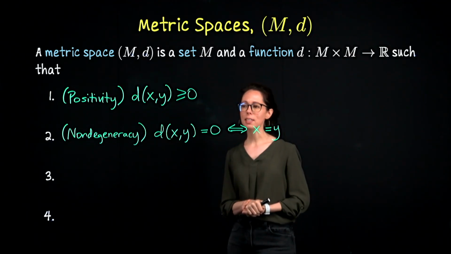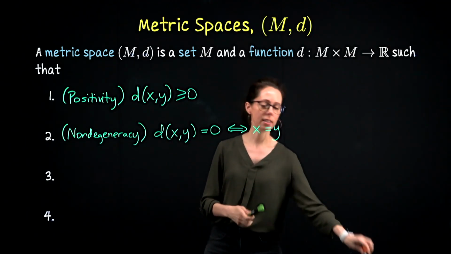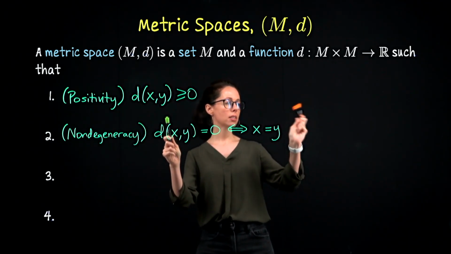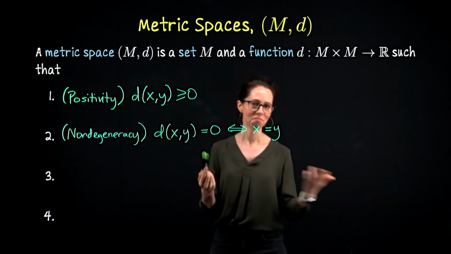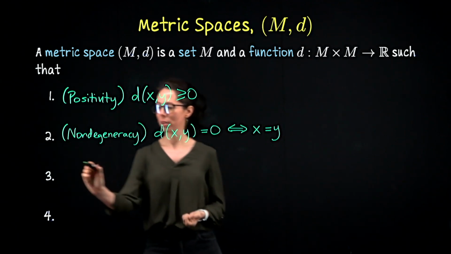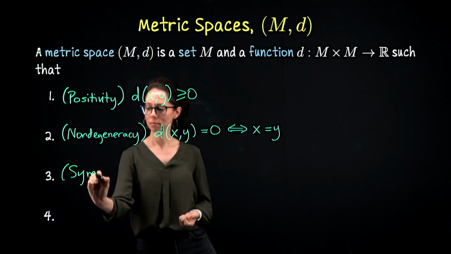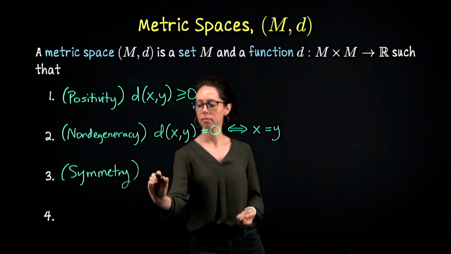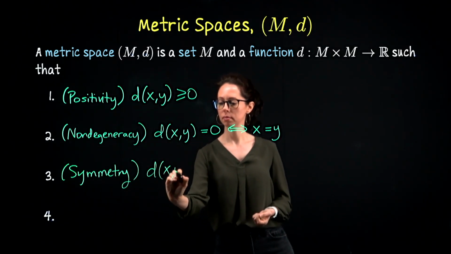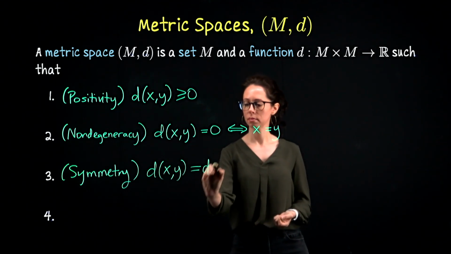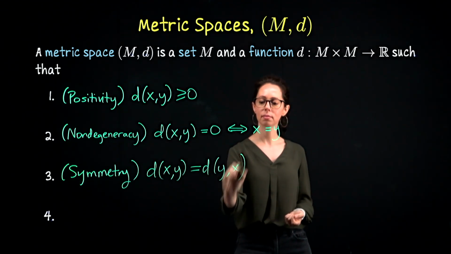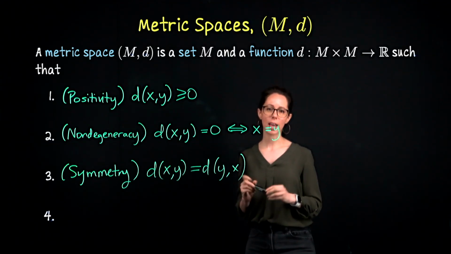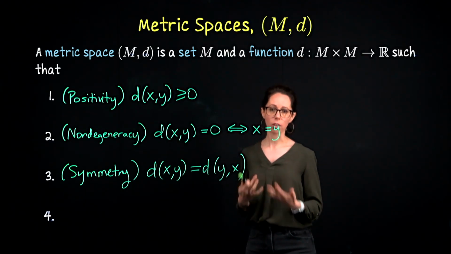The next one is symmetry, right? So the distance from the green marker to the orange marker is the same as the distance from the orange marker to the green marker. Straightforward, right? So it's a natural property, symmetry. And then the last property is that detours make your journey longer.